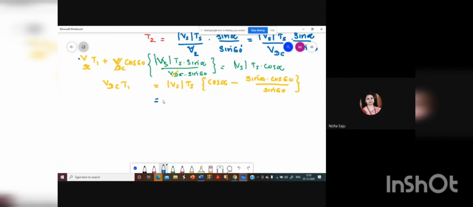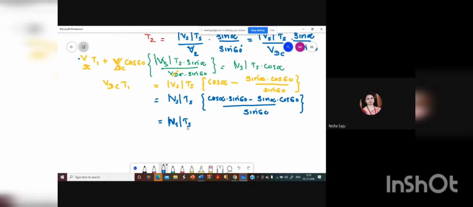So Vs into Ts, you can just simply multiply. This is cos alpha into sine 60 minus sine alpha into cos 60, that divided by sine 60. So what is this value? This is equal to Vs into Ts into, what is this one?